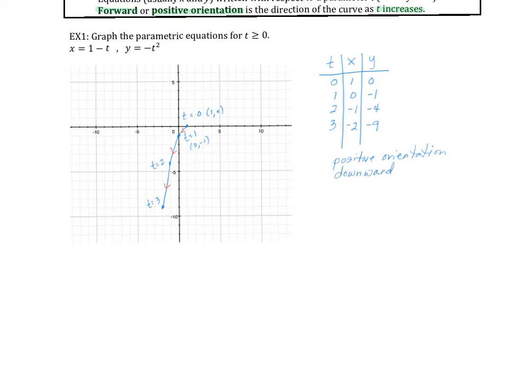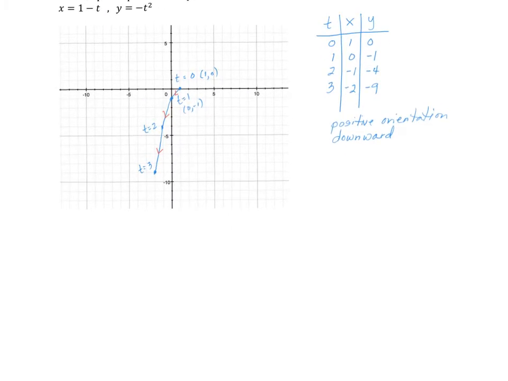So on your MyLab, it may ask you to choose a direction when you're graphing parametric equations. So downward to me is sufficient, but they also may have you do end to the left.